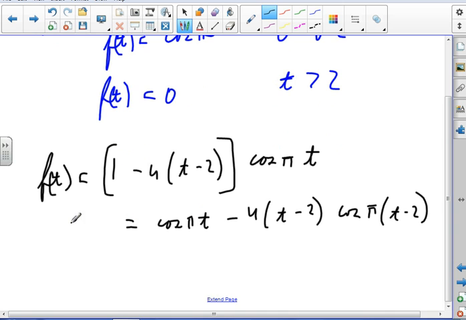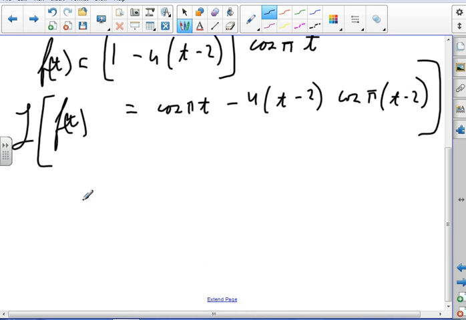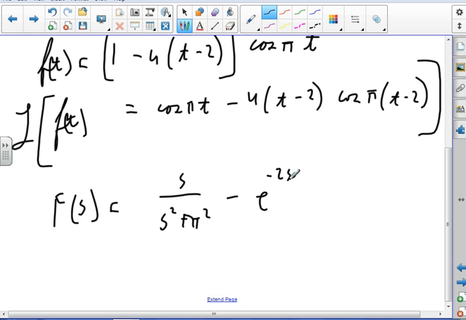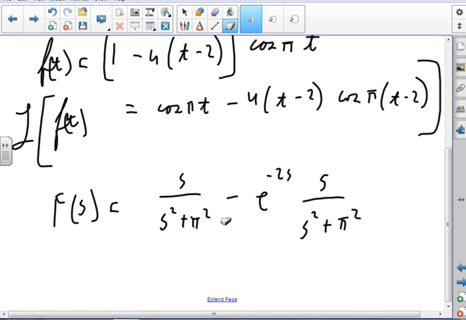And now that's my f of t, and I'm going to take the Laplace transform of that, and I'm going to get F of s is equal to s over s squared plus pi squared minus e to the minus 2s times s over s squared plus pi squared. Can anybody look in the back of the book and tell me it's right, or don't bother?